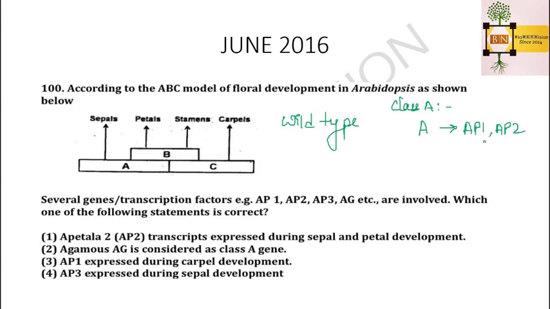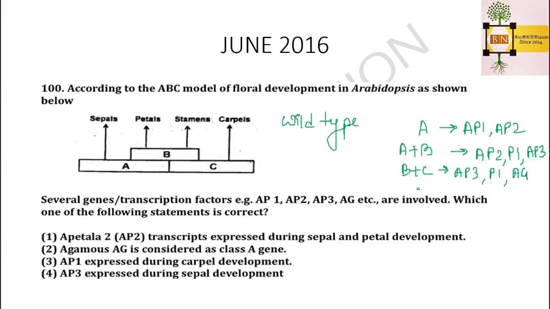A plus B involves Apetala 1 or Apetala 2, Pistillata, and Apetala 3. B plus C includes Apetala 3, Pistillata, and Agamous, and C alone includes Agamous.